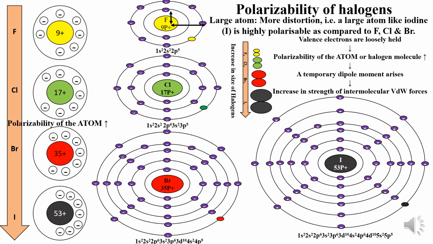Now with the increase in size of the atom, the distance between the nucleus and the outermost valence electrons increases, and therefore the nuclear protons, which are positively charged, lose control over the outermost valence electrons.